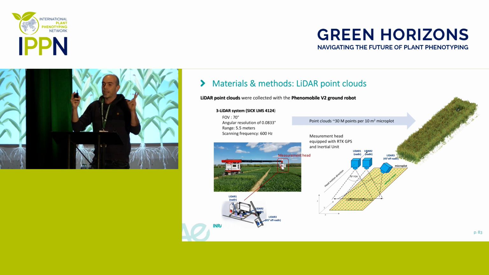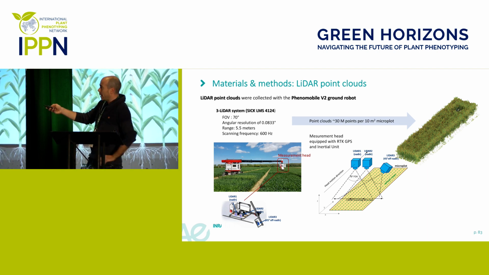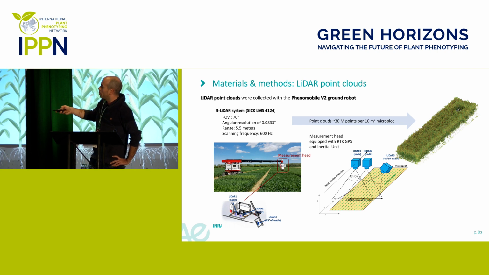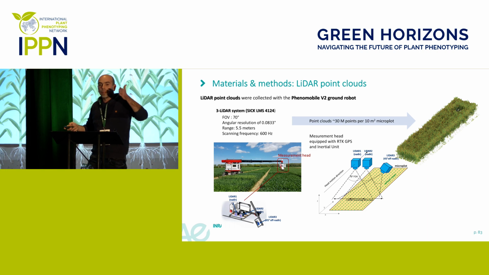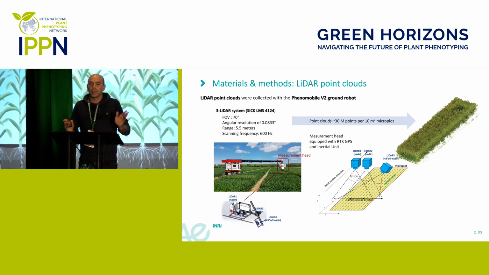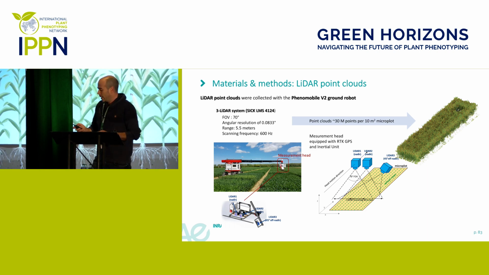There is a large overlap between the footprints of the LiDARs, so basically they operate like patchwork sensors. The LiDARs scan in the direction perpendicular to the rows, and the measurement system moves in the direction parallel to the rows to generate a point cloud of about 30 million points for a microplot of 10 square meters.